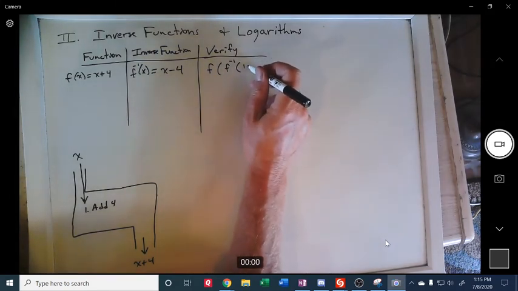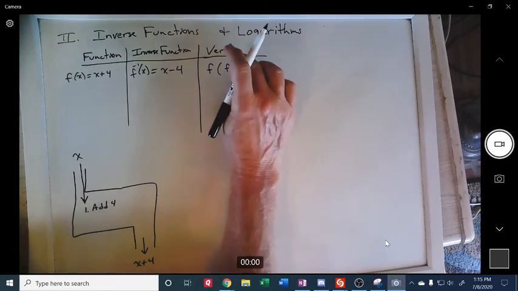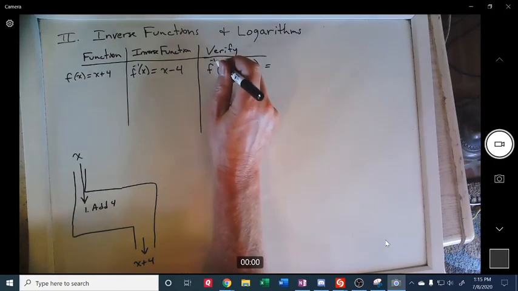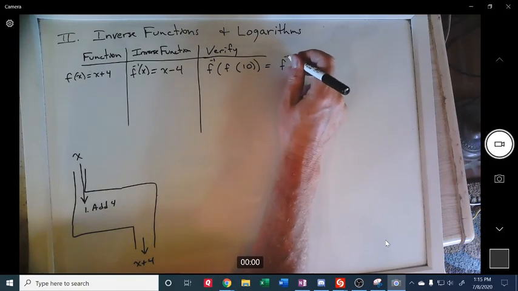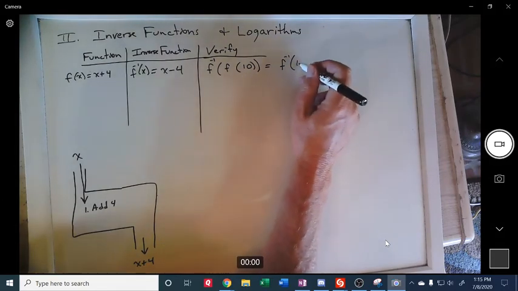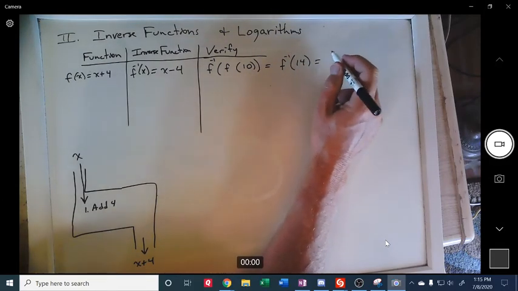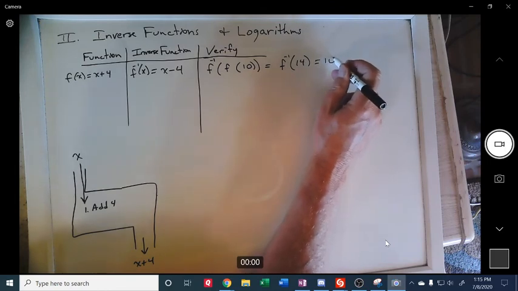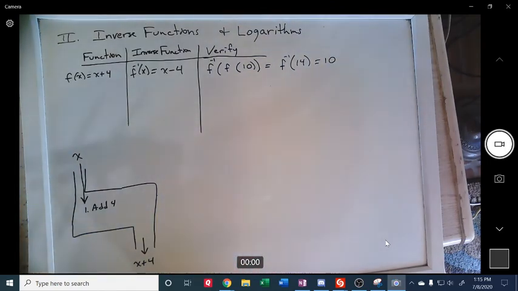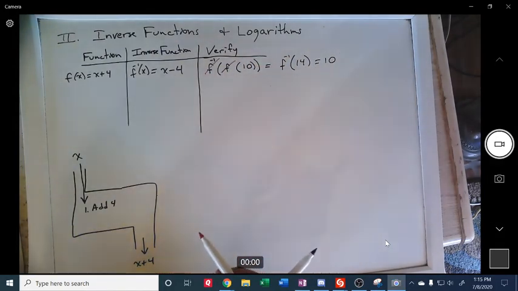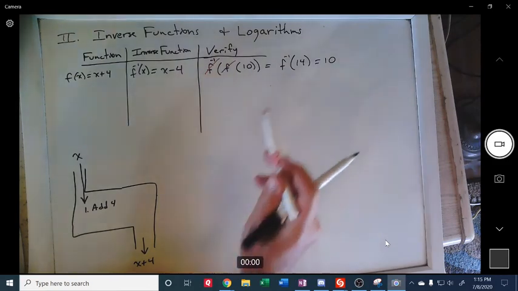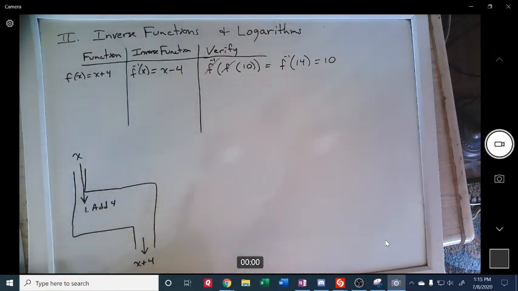If I used, let's say, the number 10. Now, we were talking like this, so let me do it in this order. If I put 10 in there, f of 10, I made it into 14. F inverse of that, I made it back to 10. And so what happens is these two kill each other off. And then you're just left as if nothing had ever happened to the 10 in the first place.